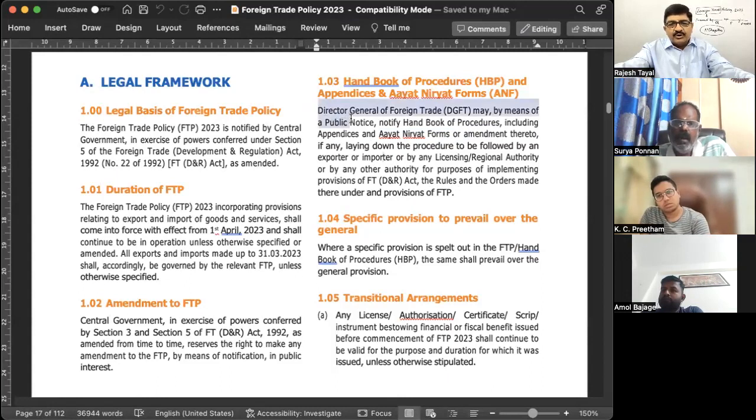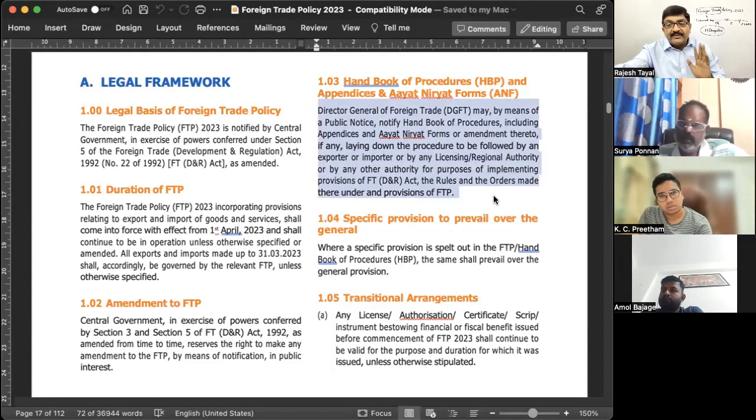So in this, what do you understand? Policy is framed by central government. Procedures are drawn by DGFT, and where the procedures are prescribed in the handbook of procedures, and all the relevant forms are referred as Ayat Niryat forms. Those are a part of handbook of procedures.